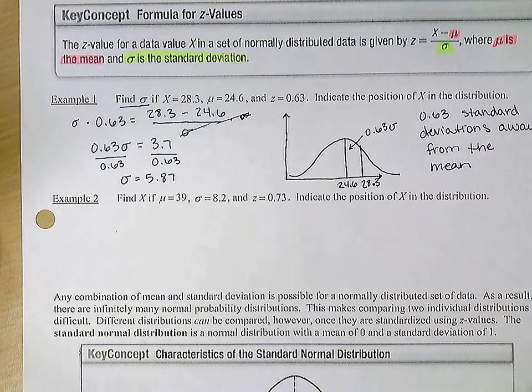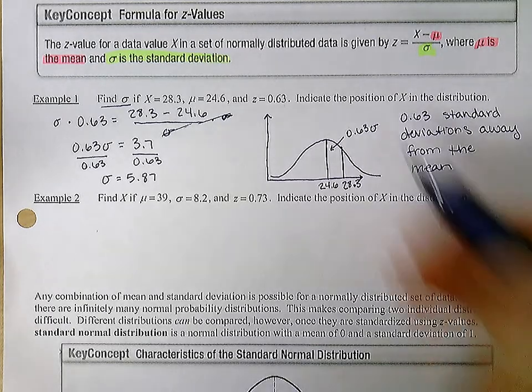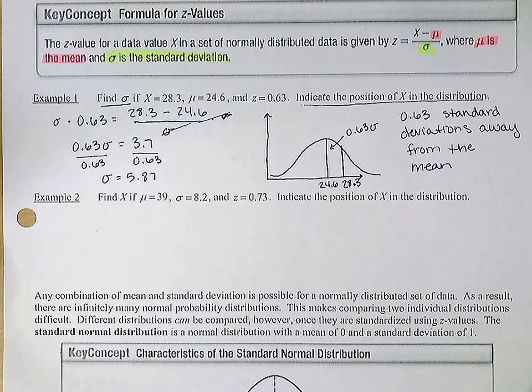Your z-score is how many standard deviations your x value is away from your mean. I was given the z-score in this one, so it's a little easier to indicate the position of x in the distribution, which is what this second part was asking for. It's 0.63 standard deviations away from the mean.